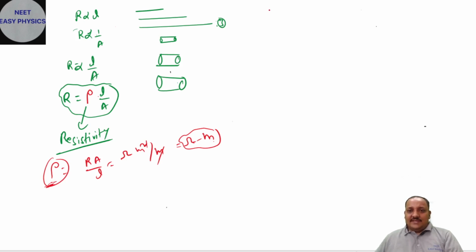Now the reciprocal of resistivity is conductivity. Sigma is equal to 1 by rho. We call sigma conductivity, the reciprocal of resistivity.